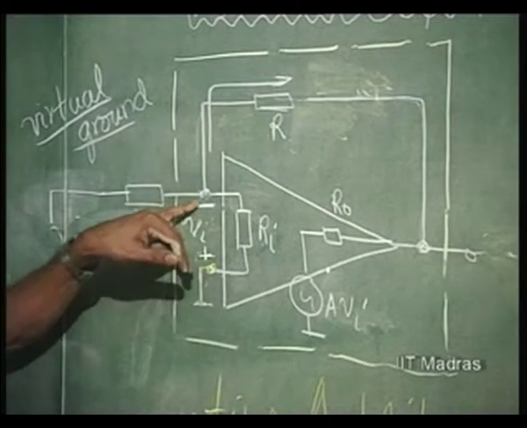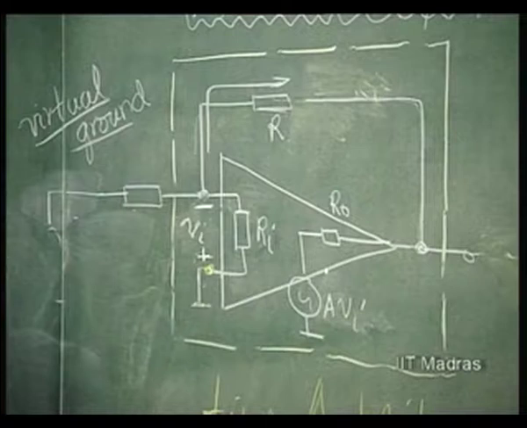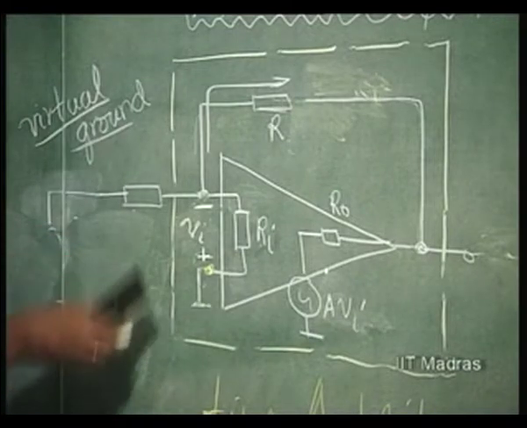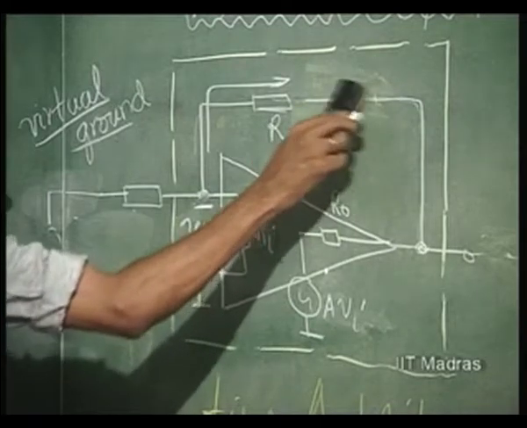If this is positive and this is negative, this is A times Vi. So, this is the equivalent circuit now of the op amp.